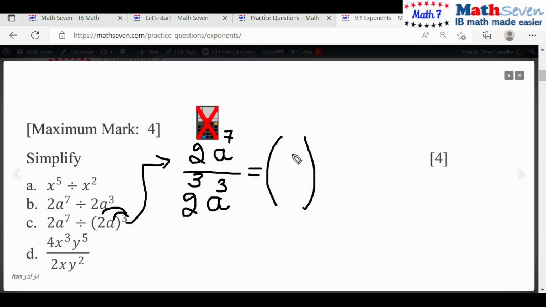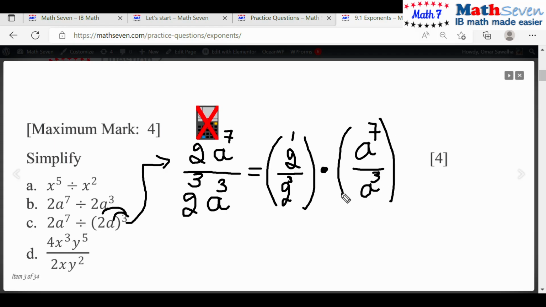I write 2, and if 2 has nothing here, it means 2 to the power of 1, over 2 to the power of 3, multiplied by a to the power of 7 over a to the power of 3.